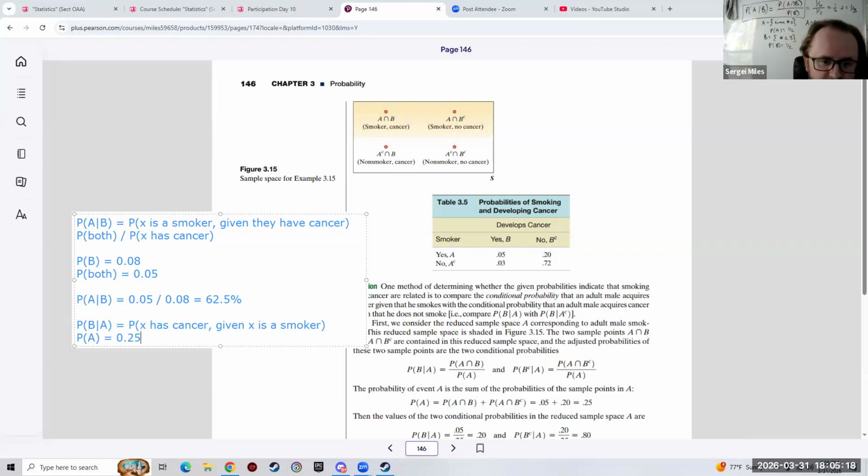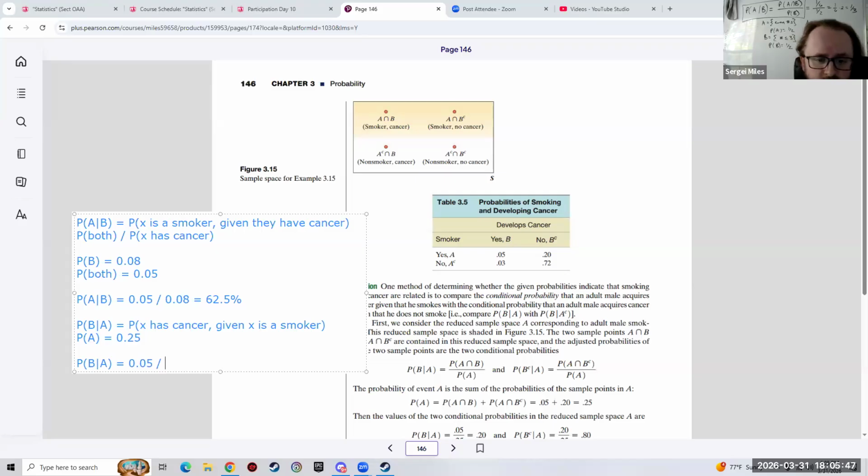All right, 25% of the people in the survey are smokers. We already know the probability of both is 0.05. We did that earlier. And so now the probability of B conditioned on A can be calculated as the probability of both, which we already know is 0.05, out of the probability that they are a smoker. That's my conditional.